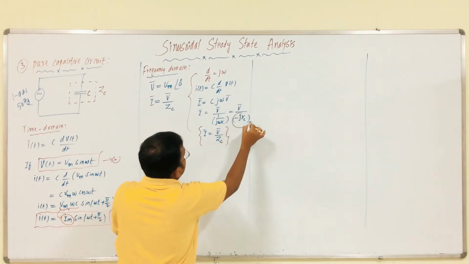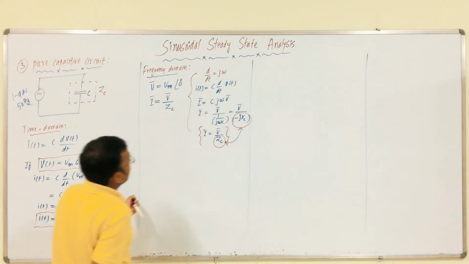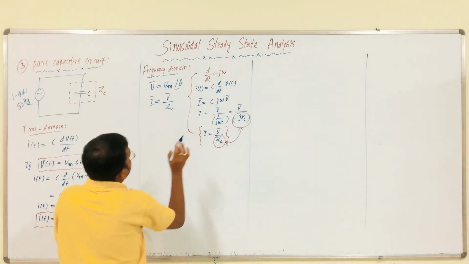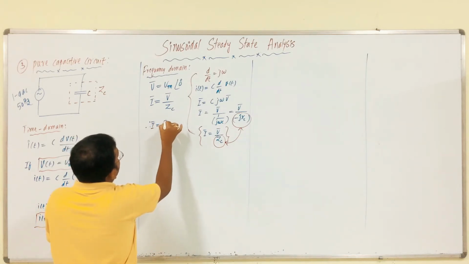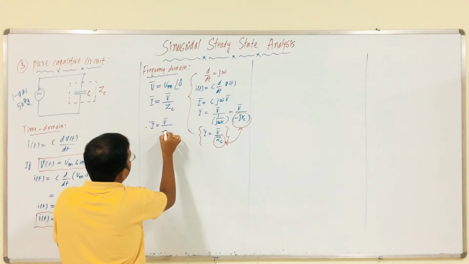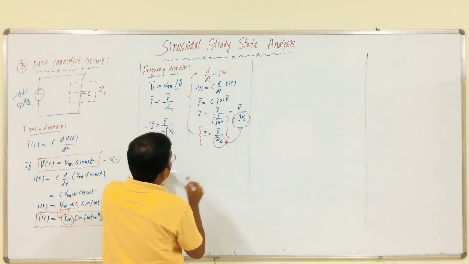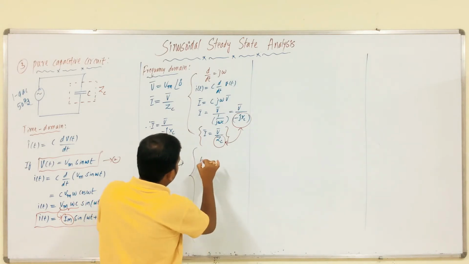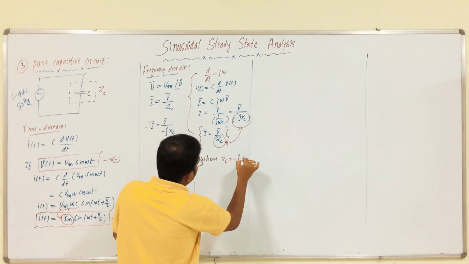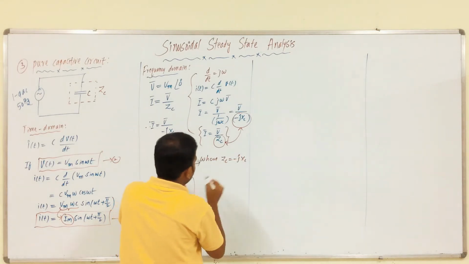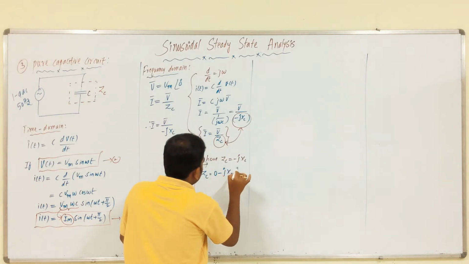This is the value of ZC. Clear? Therefore I bar is nothing but V by ZC, which is V by minus j XC, where ZC is minus j XC, the capacitive impedance, that is 0 minus j XC.